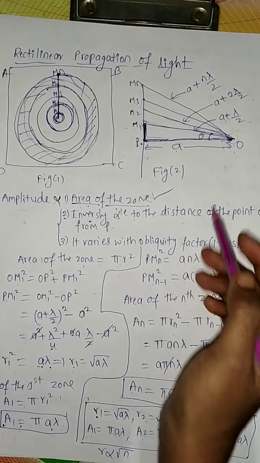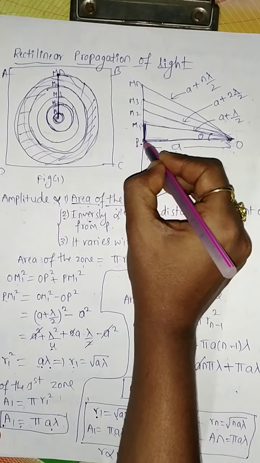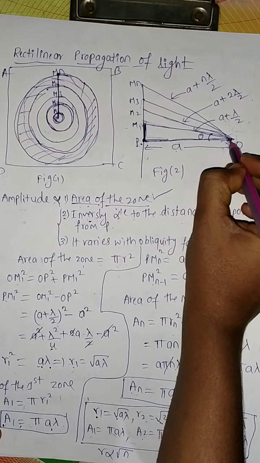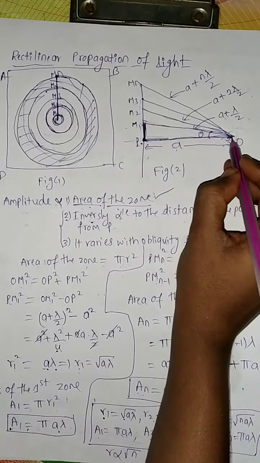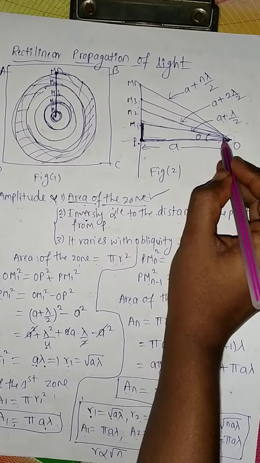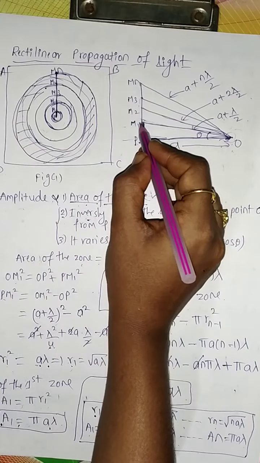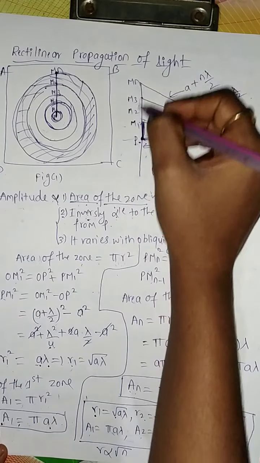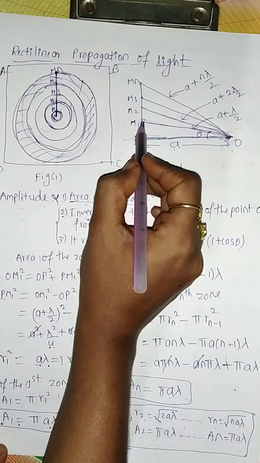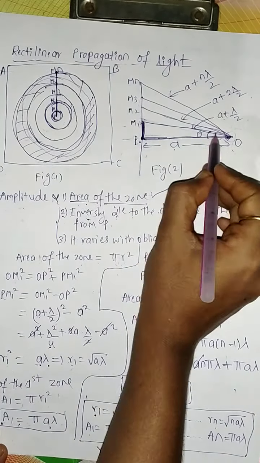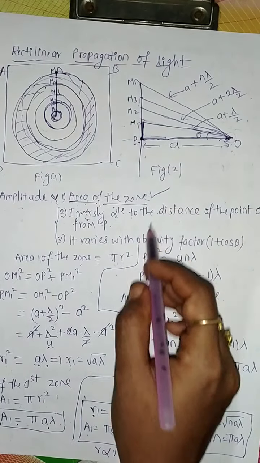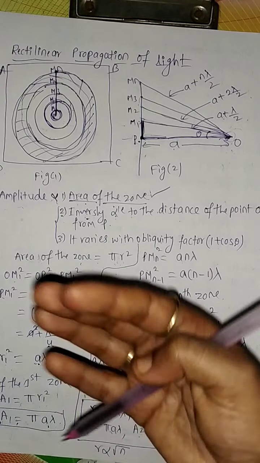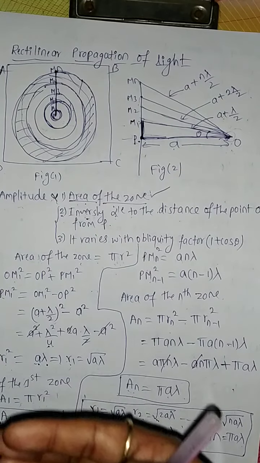The amplitude is inversely proportional to the distance. Why? Because the point P is nearer to the point O, so when light passes out from P and reaches O, the brightness will be more. As the zones go on increasing in number, M1, M2, M3, the distance to reach point O also increases, so the amplitude goes on decreasing.